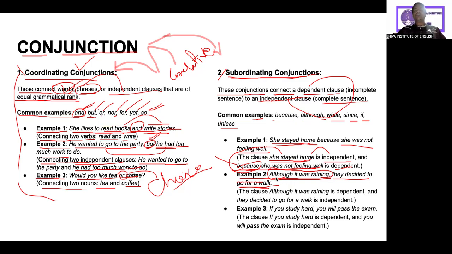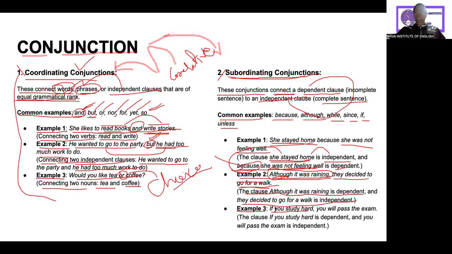So "although" is generally used at the beginning, right? And "though", "yet", "but" can be used in the middle. So the clause "although it was raining" is dependent, and "they decided to go for a walk" is independent, right?